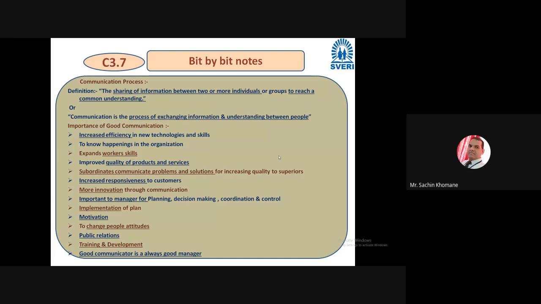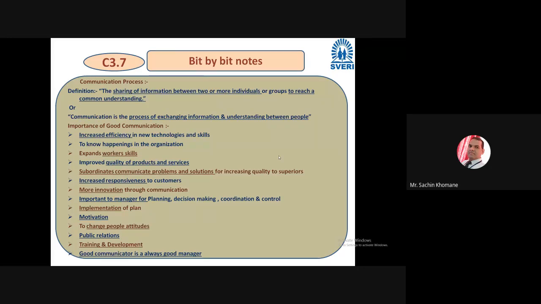It is important to a manager for planning, for decision making, for coordination, for controlling, for all the functions. A manager should have good communication so that he will plan his things on paper. He can make the proper decision, he can make proper coordination, he can make proper controlling.